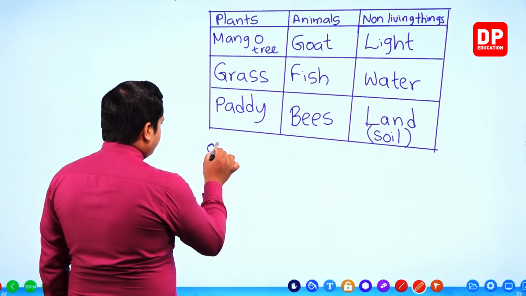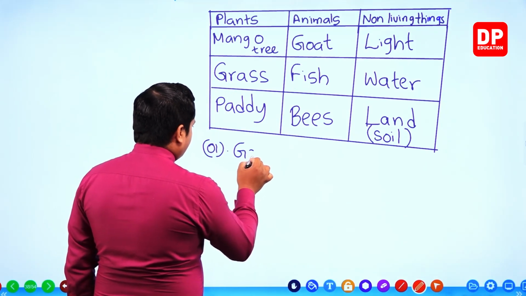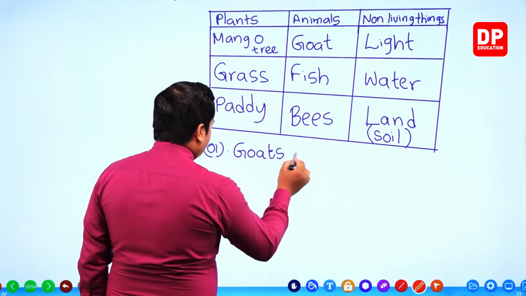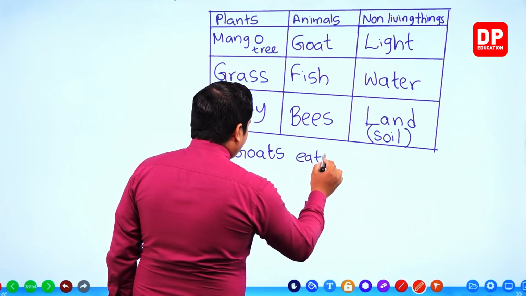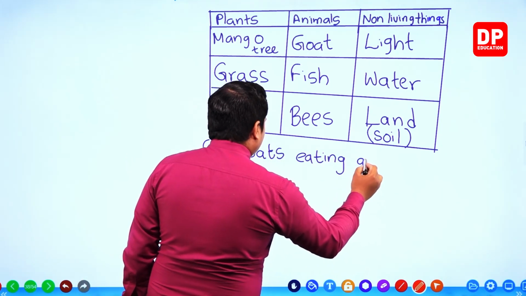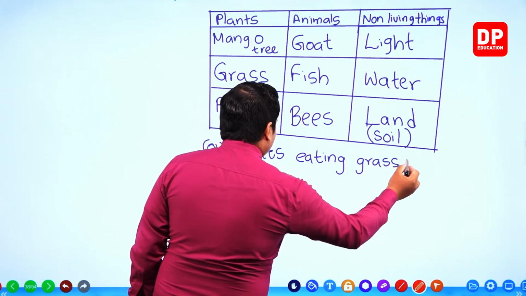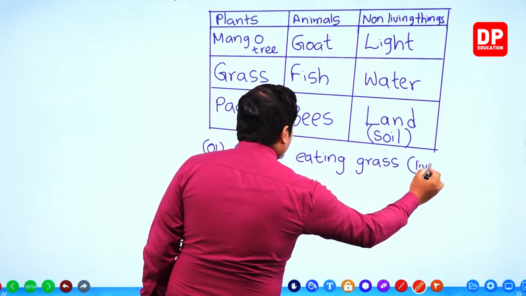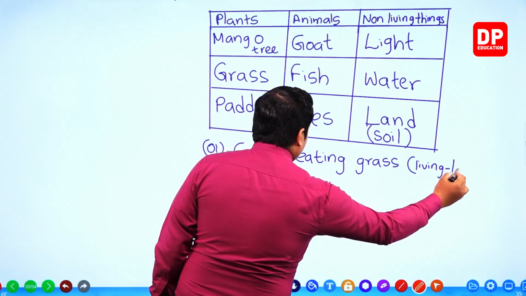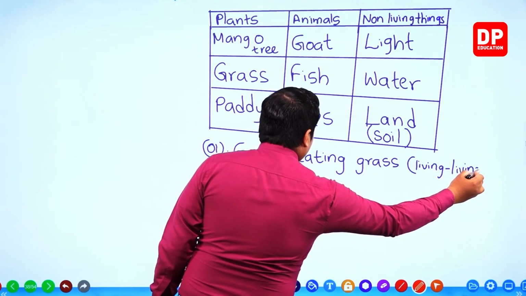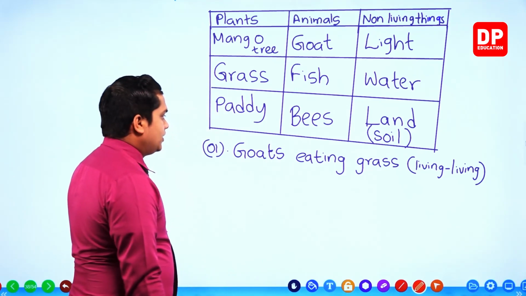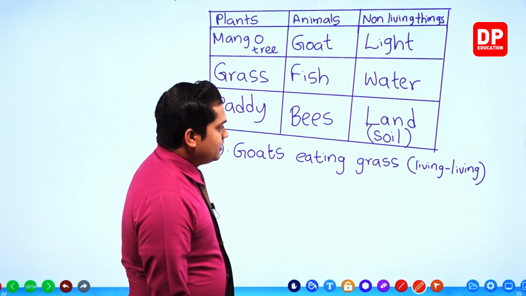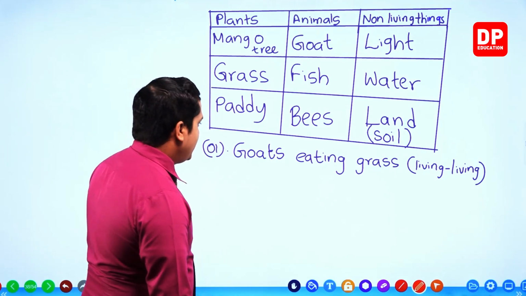Number 1. Right, goats eating grass, right? It is a living relationship.